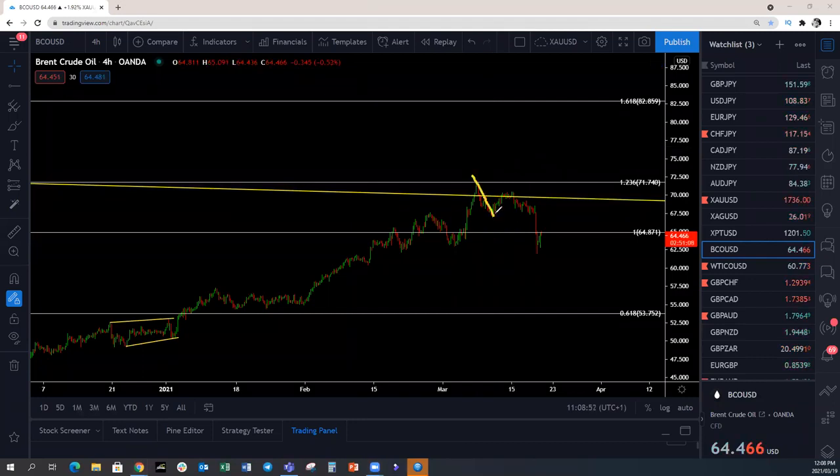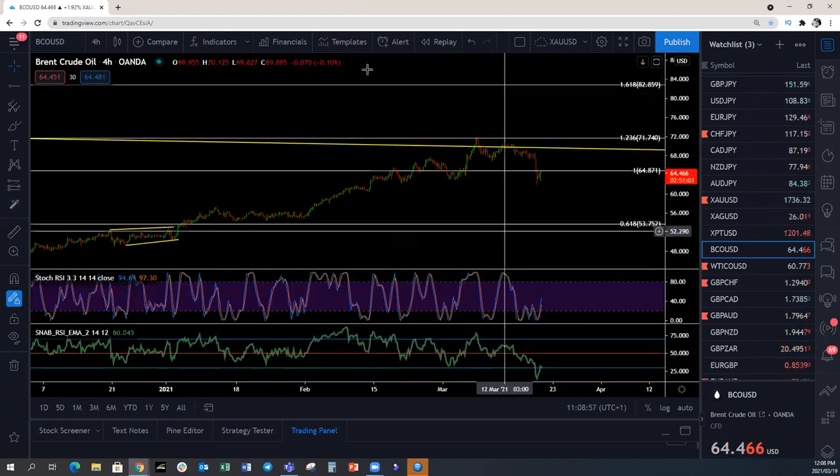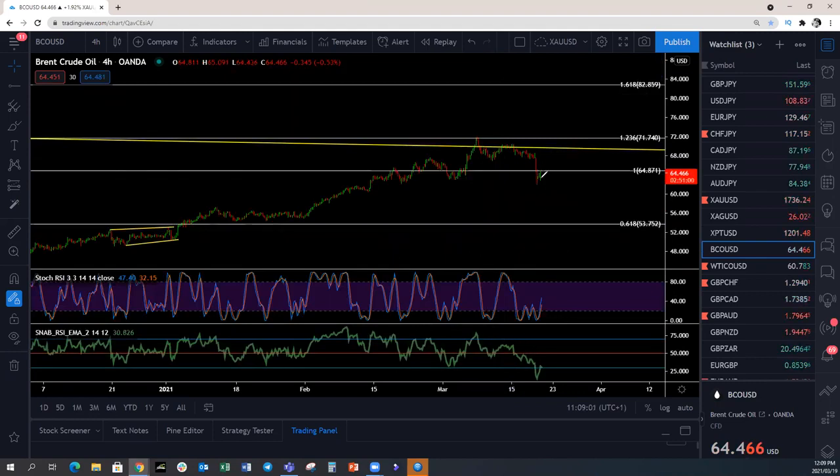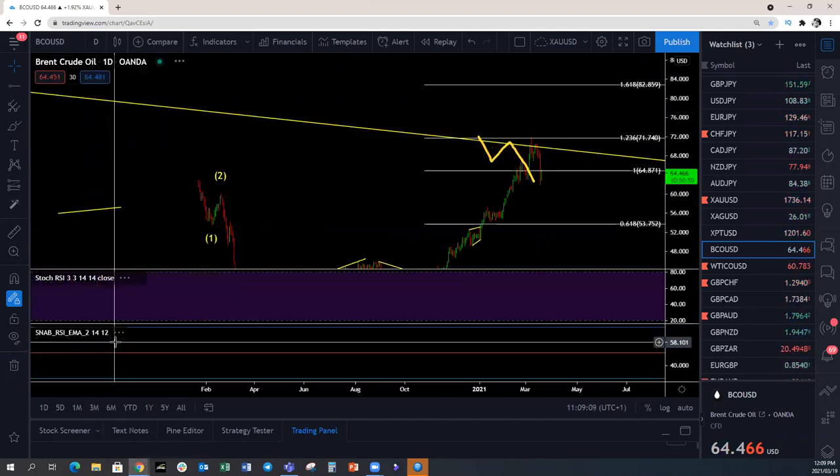We were looking for this to just simply do this and then push up higher. That's the 4 hour, and we've now dropped well below it on Brent crude. But let's have a look at what the daily looks like. The correction has always been imminent on Brent crude. Let's have a look at the daily.